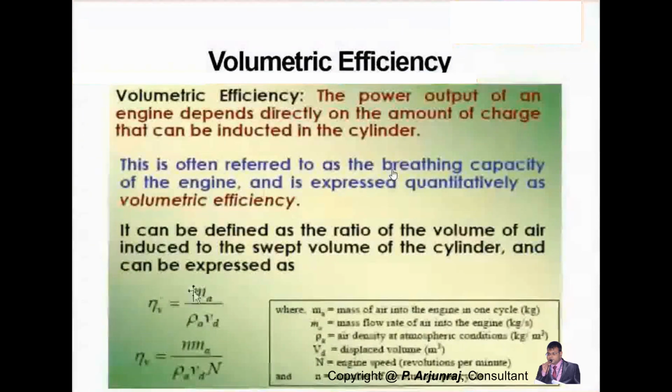This mass flow rate of the air will get improved when you are going for a turbocharger, because you are forcing the air in by inducing the pressure into it. So by that concept, you're also going to increase the volumetric efficiency using a turbocharger.